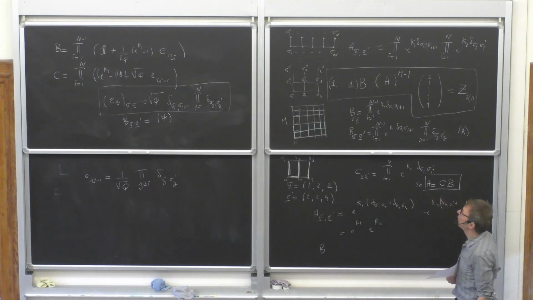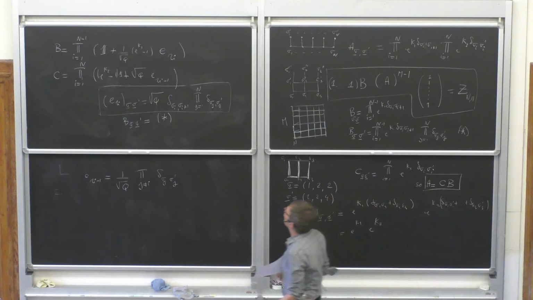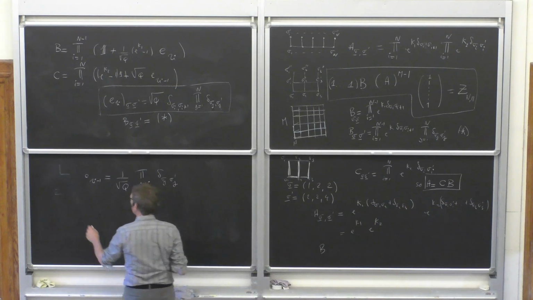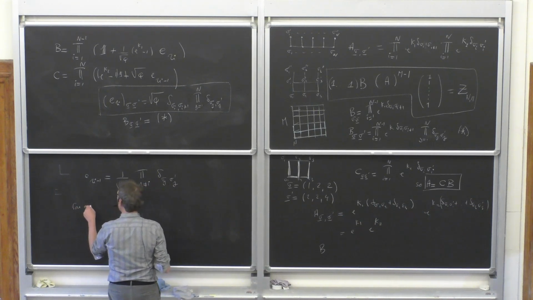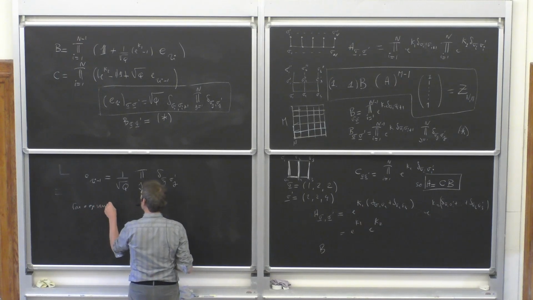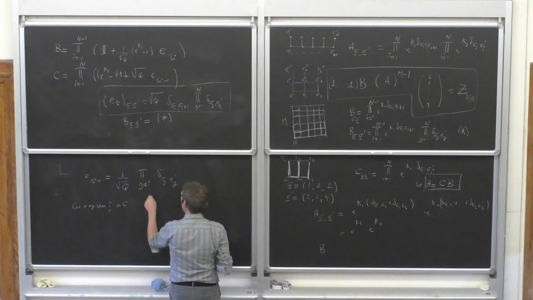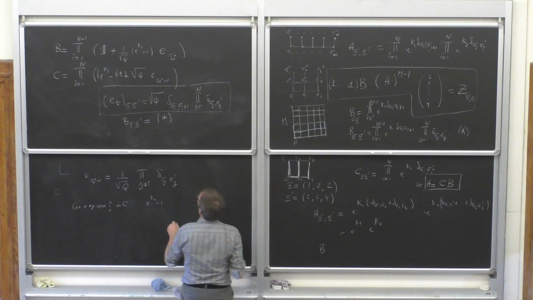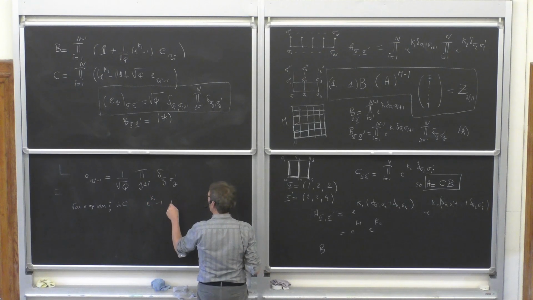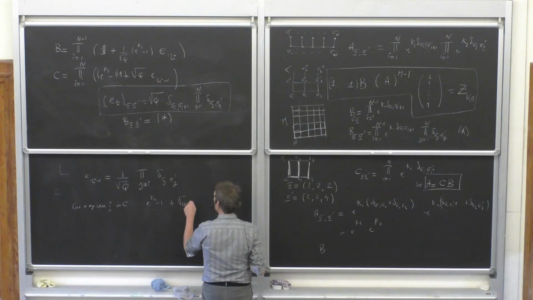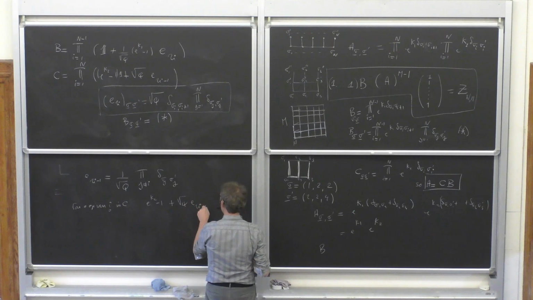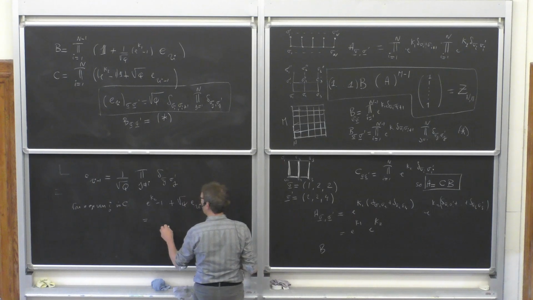So let's see the contribution of a given I in the product for C. For a given I in C, let's call it I0, I get e to the k2 minus 1 plus square root of q e to the 2i minus 1, which counts as what?